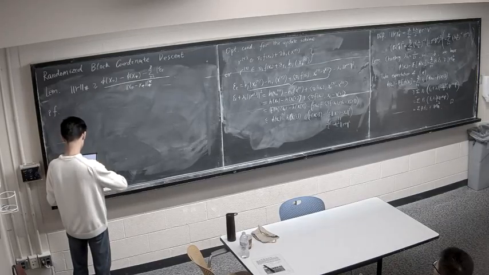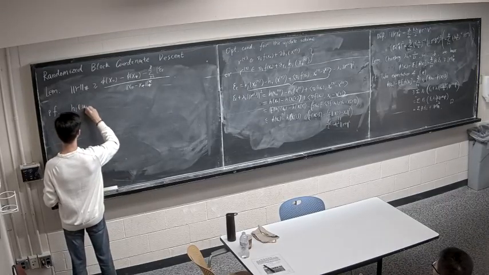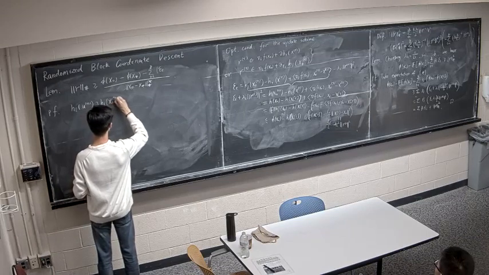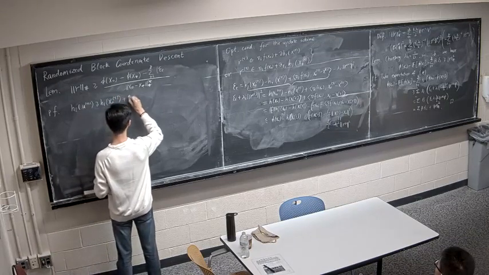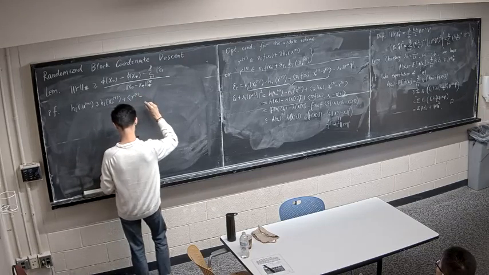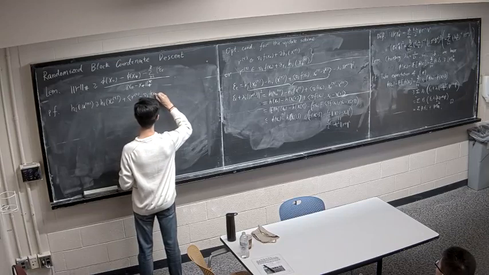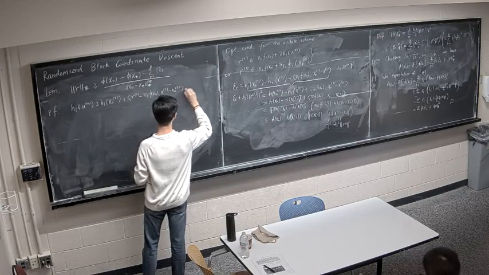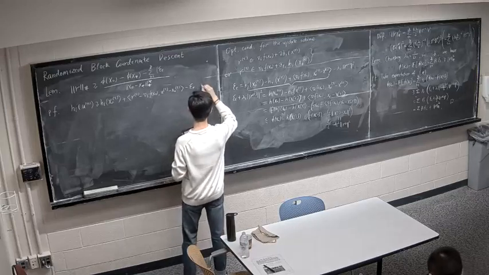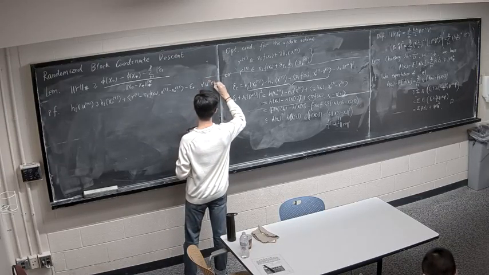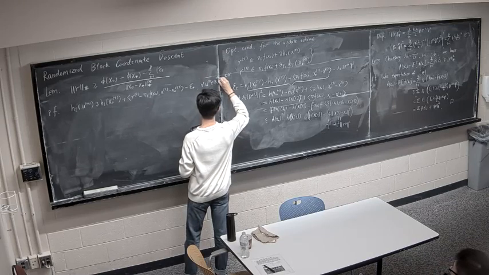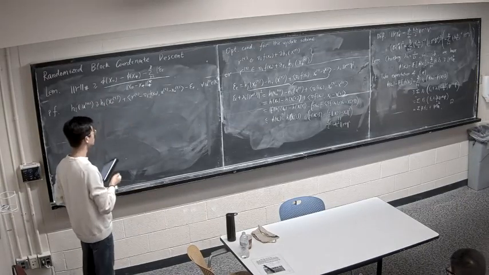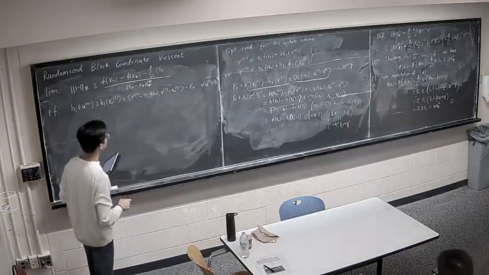Starting from here, we have, this is just rewriting that inclusion in terms of inequalities. This holds for any u_i in n_i dimensions.